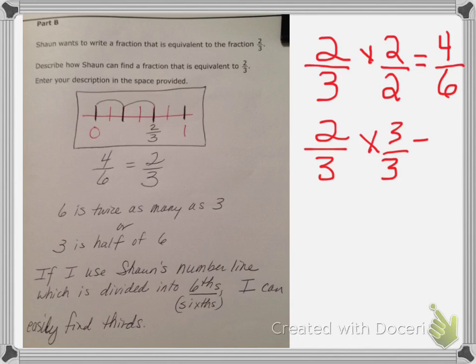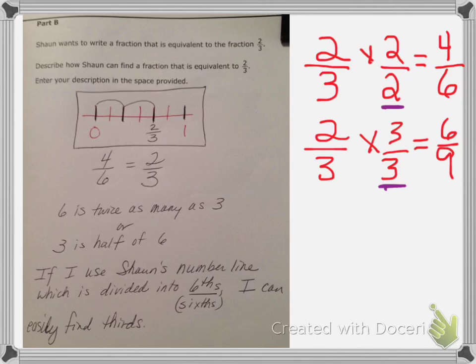So if you multiply the numerator and the denominator by the same number, you are going to come up with an equivalent fraction, okay? Here, I will have twice as many cuts. 2/3, twice as many cuts, I'll have 4/6. Here, I will have 3 times as many cuts. 2/3, 3 times as many cuts, 6/9.